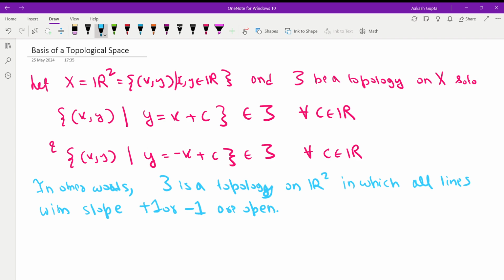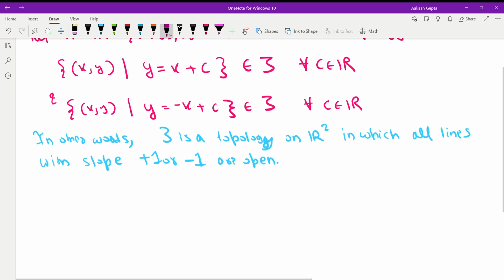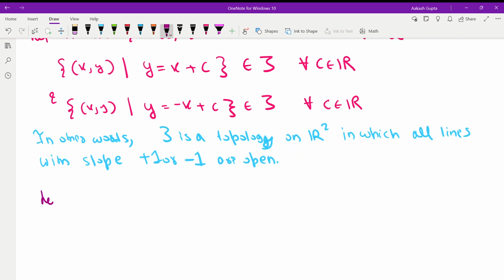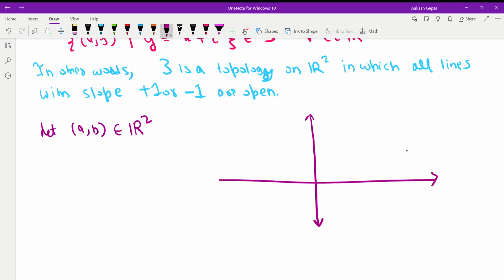Fine. Now, let me tell you something. Let us take some point (A, B) belonging to R2. Let me draw a picture: say this is your R2, and you have (A, B) here.